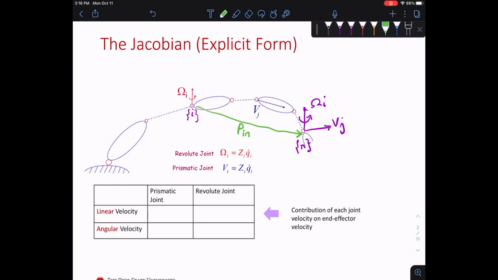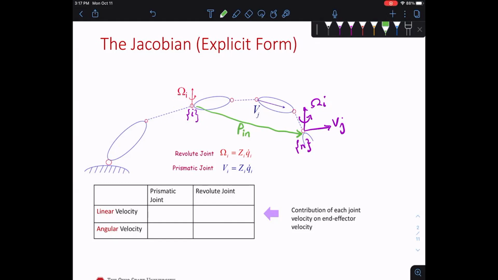So in this method we basically resonate with velocity propagation. We want to see what's the contribution of each joint velocity on the end, which is basically your velocity kinematics, right? So you're going to say, if we have a prismatic joint, if we have a revolute joint, what's going to happen to linear velocity and angular velocity? So linear velocity, if we have a prismatic joint, that's Vj, right?